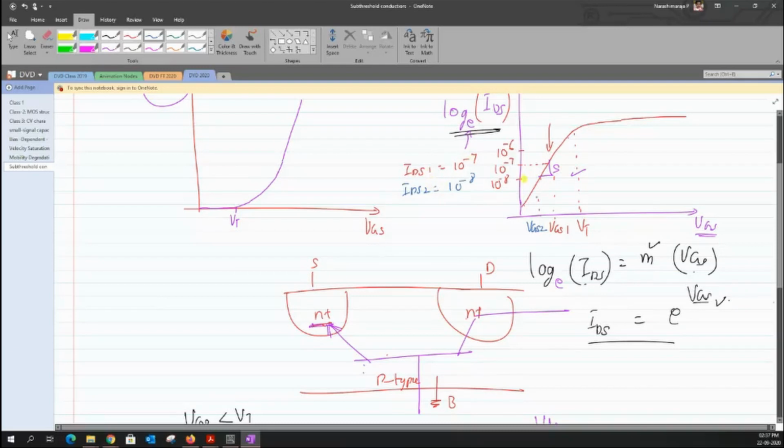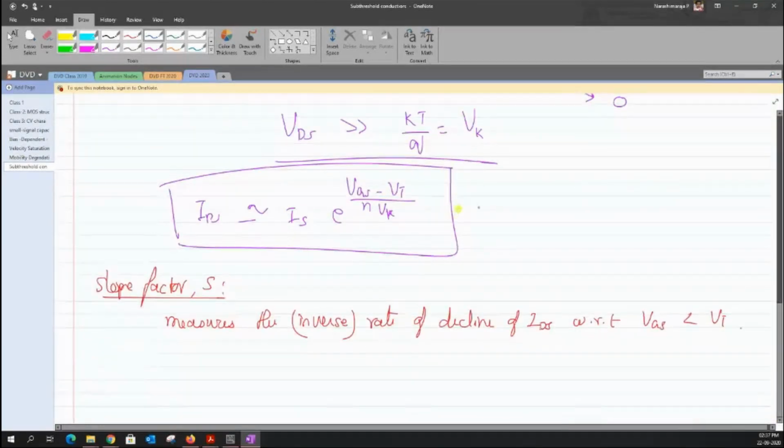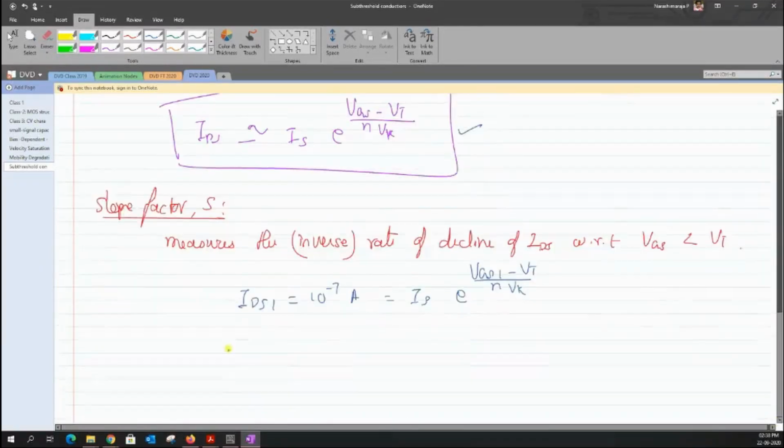So you got the differences, right? Now that I want to measure the slope factor, I make use of the equation that I have written down earlier: IDS1, which is equal to 10 to the power minus 7 amperes, is related to the value of VGS as (VGS1 minus VT) divided by N times VK. Now I have one more current which I have taken, which is a decade away from this IDS1.